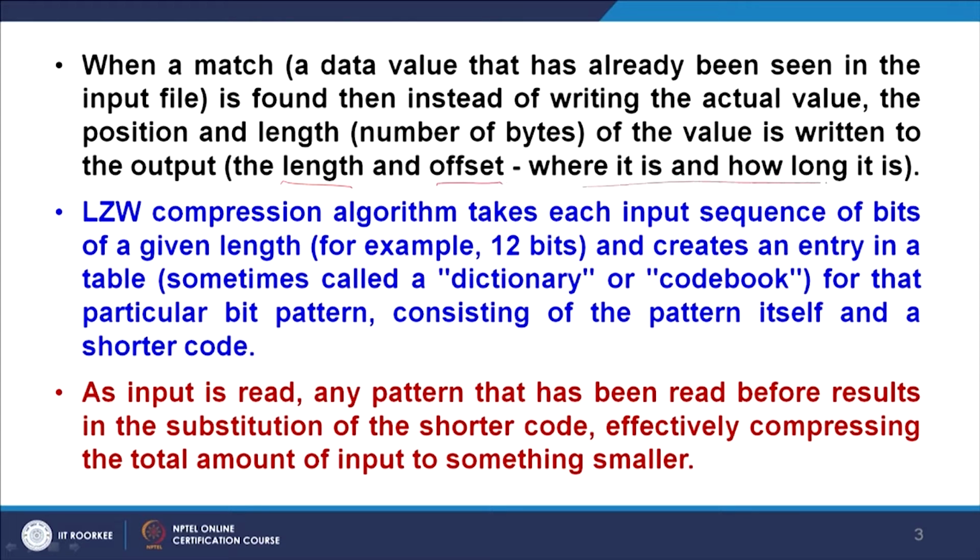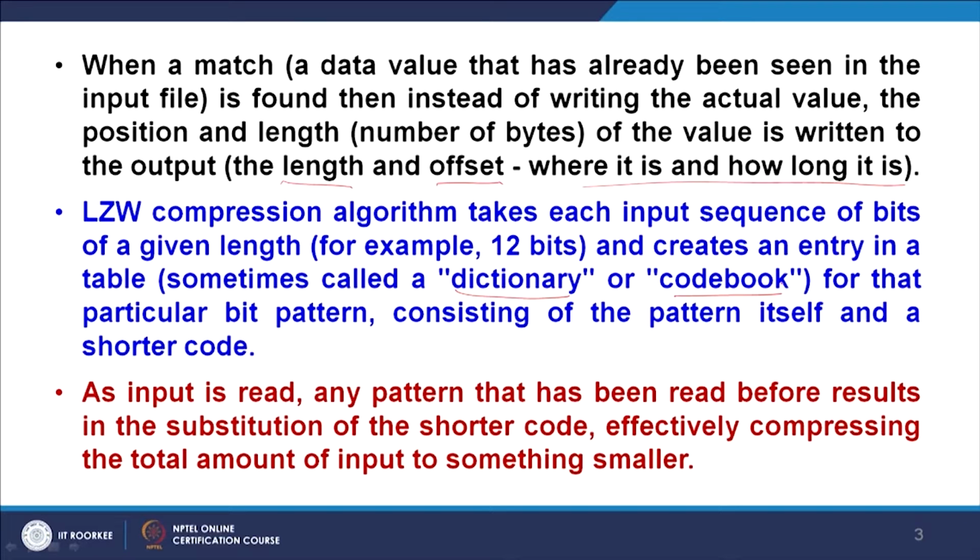This algorithm takes each input sequence of bits of a given length, for example 12 bits or 8 bits, and creates an entry in a table, which is a lookup table or dictionary, or code book we can say, for that particular bit pattern, consisting of the pattern itself and a shorter code.